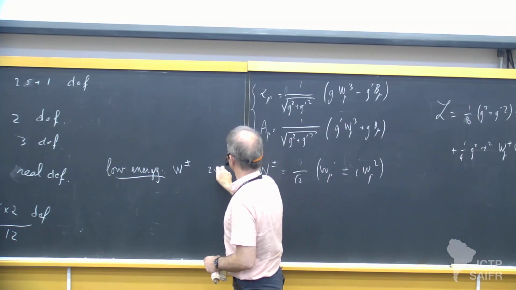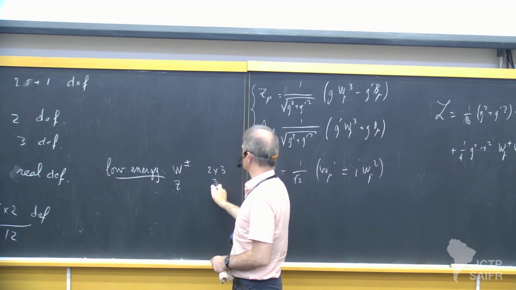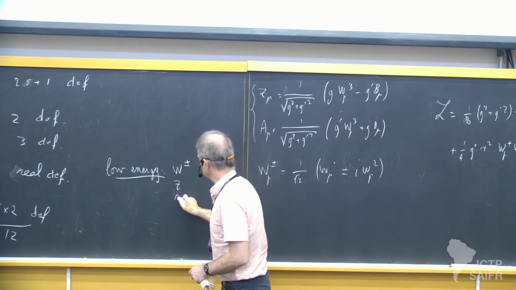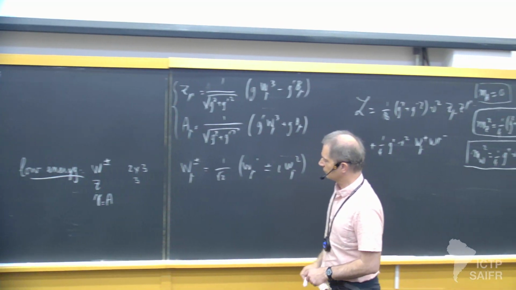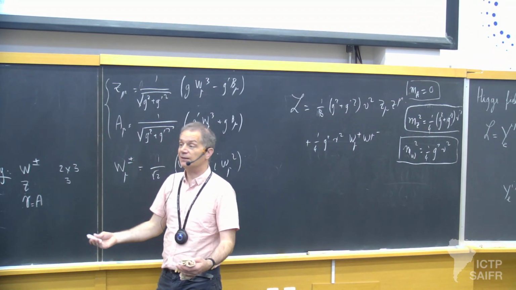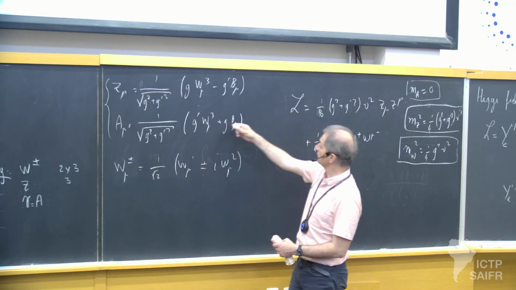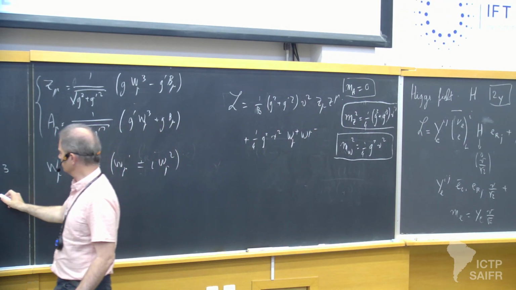So you have 2 times 3. You have the Z, which is also massive, so it's 3 degrees of freedom. You have the photon, so gamma or A, depends on the way you want to denote this particle. So now it's a massless gauge boson, right? The photon here remains massless, so it has 2 degrees of freedom.